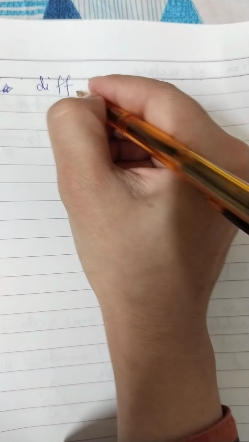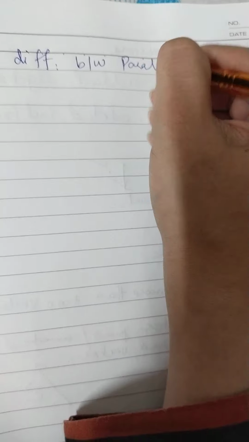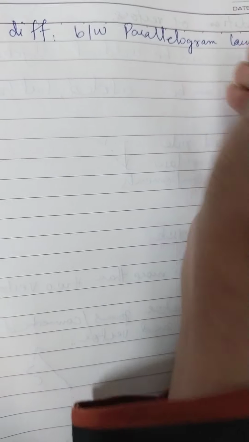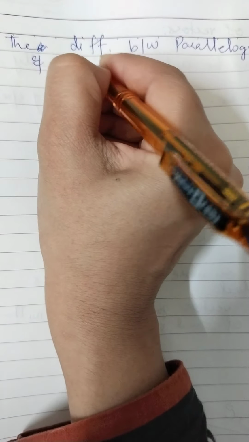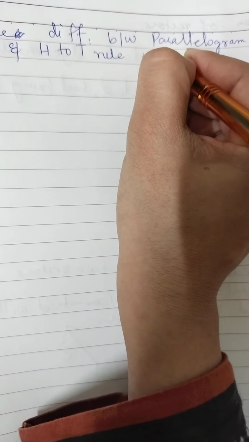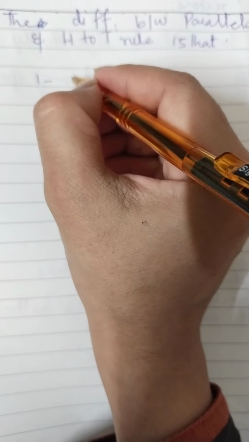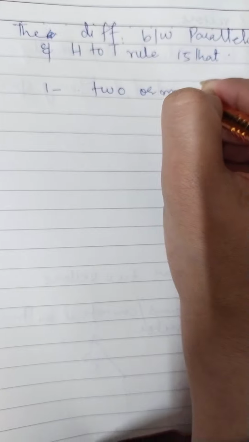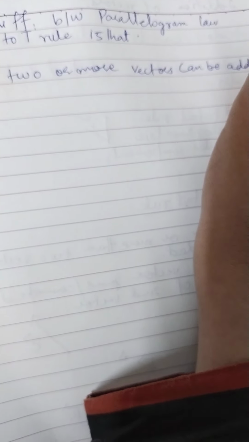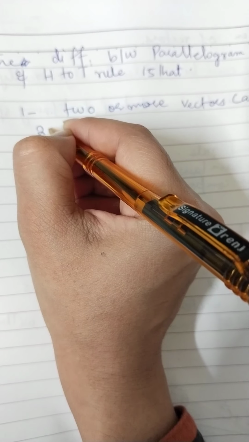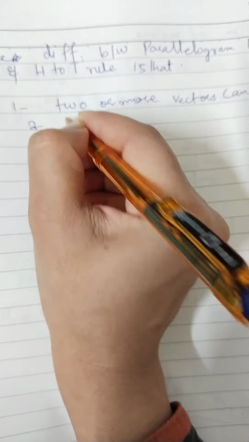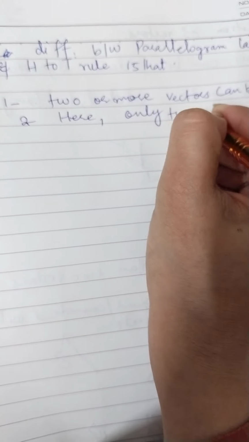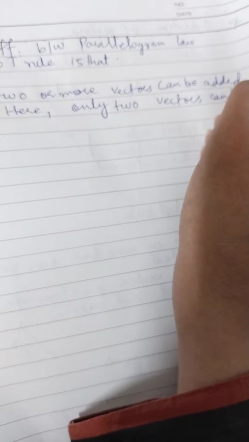The difference between the parallelogram law and the head to tail rule is that in the first one, as we have studied earlier, two or more vectors can be added, while when we talk about the second one, your parallelogram law, only two vectors can be added.